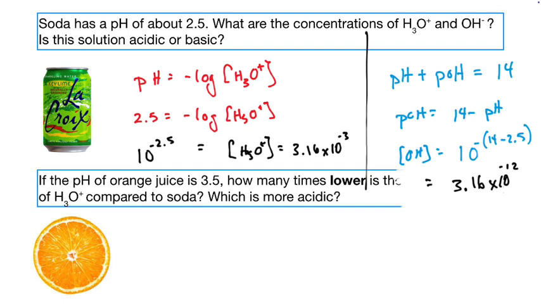What happens when we look at the bottom? Okay, if the pH of orange juice is 3.5, how many times lower is the concentration of H3O plus? Okay, I want to lean into that a little bit. What happened to the pH? It increased. What happened to my concentration of H plus?